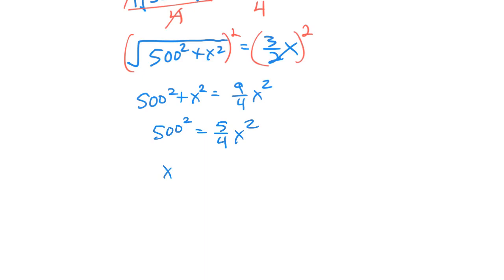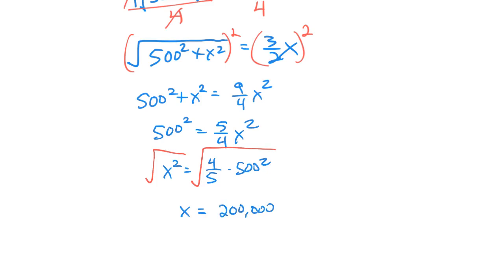So then for x squared, I'm going to multiply each side by 4/5. Get 4/5 times 500 squared. And we don't want x squared, we want x, so now I take the square root. I don't have to think about two solutions here, because x for our application is a distance, so it needs to be positive.